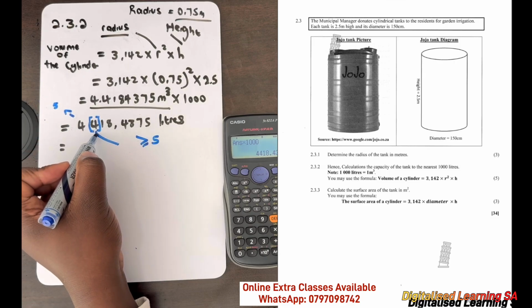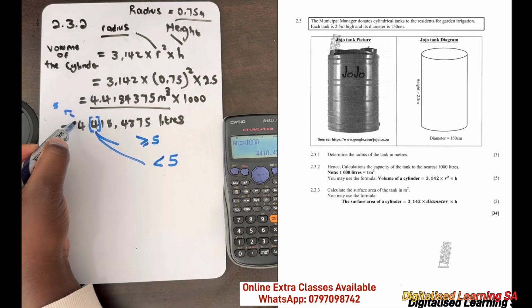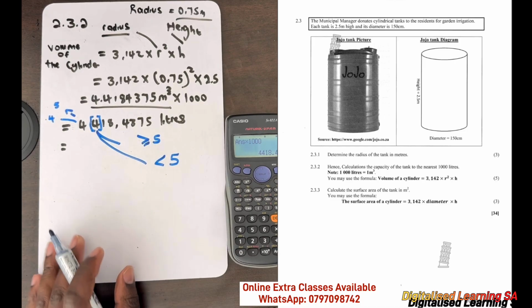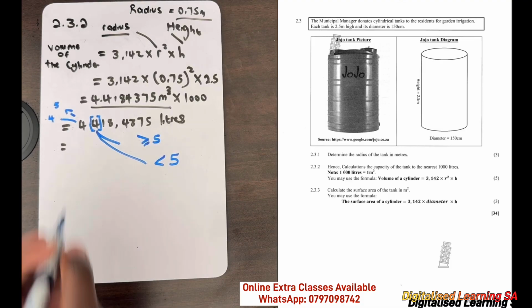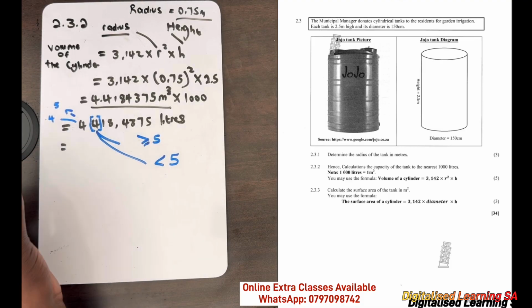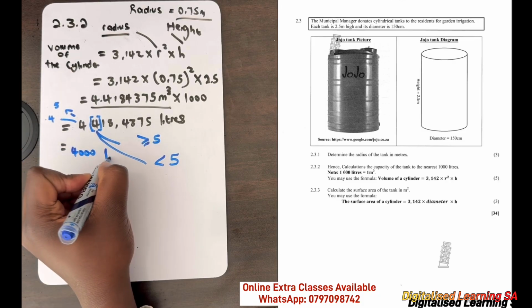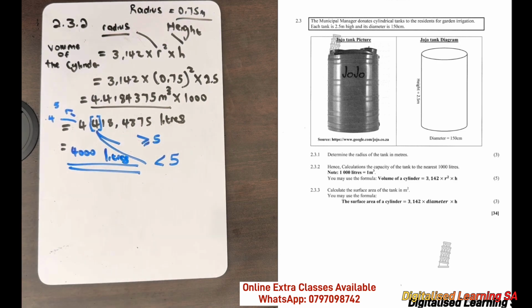And if our second digit is less than 5, it means that our 4 will remain the same. Okay, that's called rounding off. In this case, our second digit is less than 5, meaning that we are going to round off our answer to 4000 liters, and this will be our final answer.